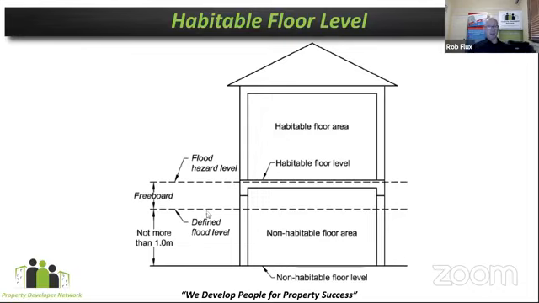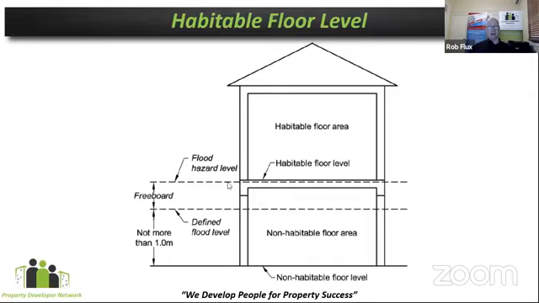Then you've got a defined flood level. Now, in this instance, it's saying 1 metre, but depending upon your particular jurisdiction, they may have a different minimum standard for that. But effectively, that flood level will be the height above sea level, or the AHD level, that is going to be in the area. Then there will be what is the freeboard. So the freeboard is the gap between that flood level and the safety level that allows debris and that sort of thing to float, and also a margin of error for the statistical calculations to say what happens if the flood level is actually slightly incorrect.